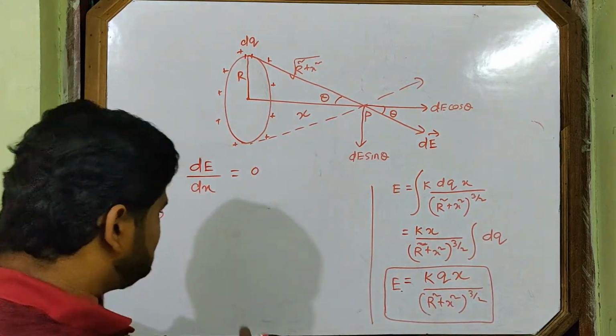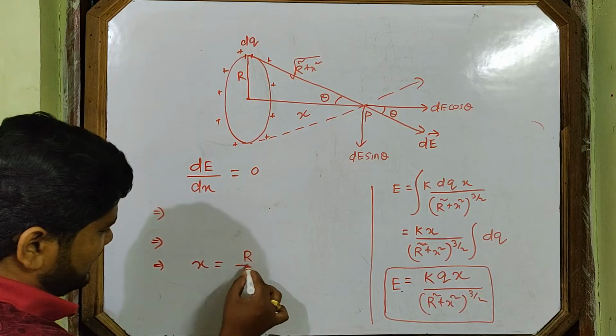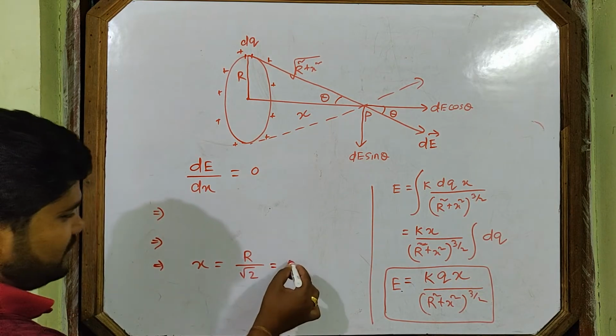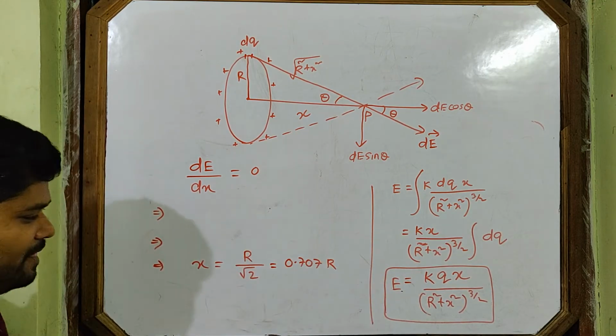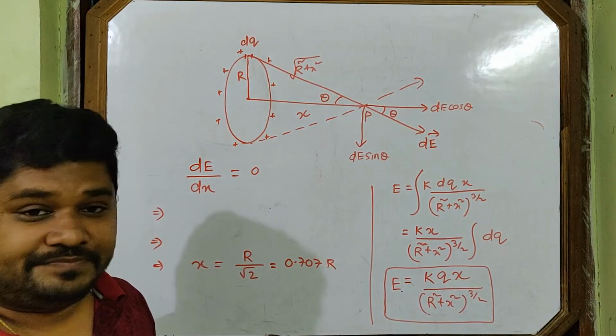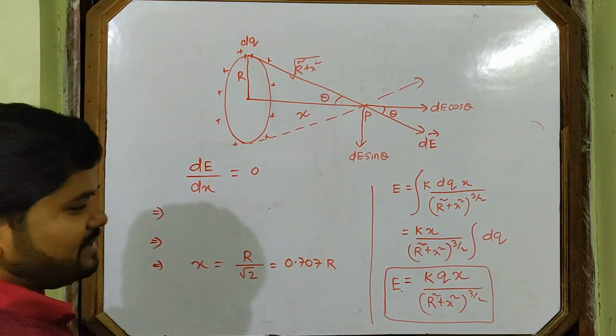I am not proceeding. At last what answer will you get? R by root 2. You remember 1 by root 2 is 0.707, so 0.707 into R. Many times in physics it will be required. So at this point electric field will be maximum.